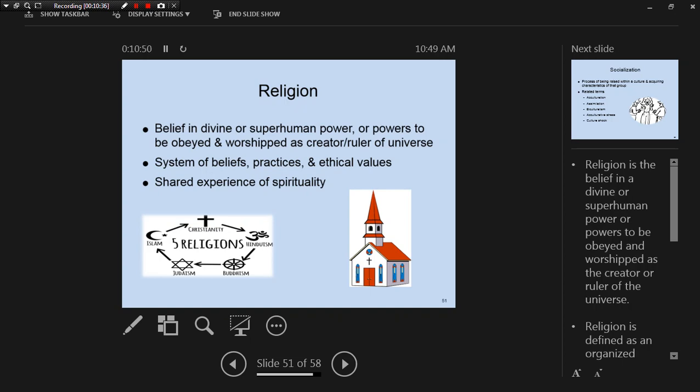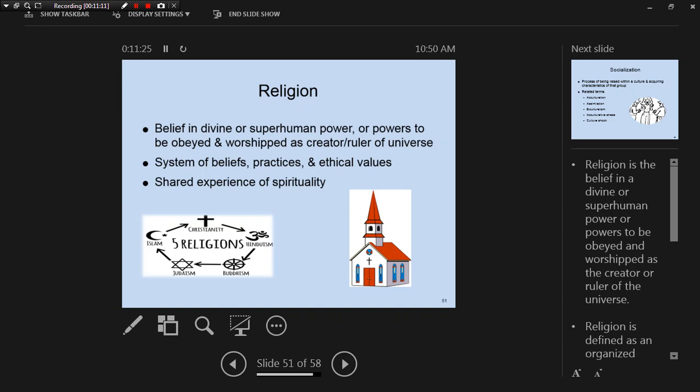And then religion and spirituality. Religion is a system of beliefs, practices, and ethical values, like Catholicism, Orthodox, Islam, Methodist, Protestant. Whereas spirituality is more about the individual and maybe just believing in a higher power, not necessarily associated with a specific religion.